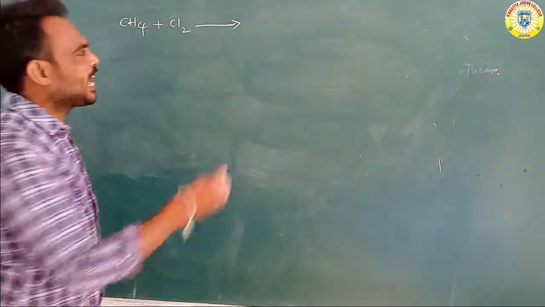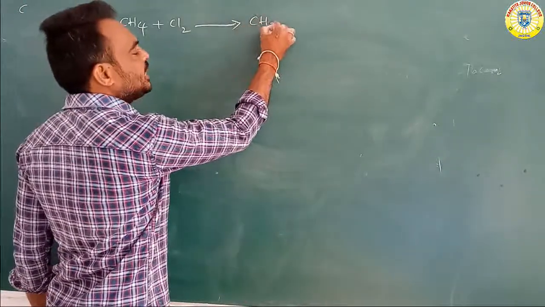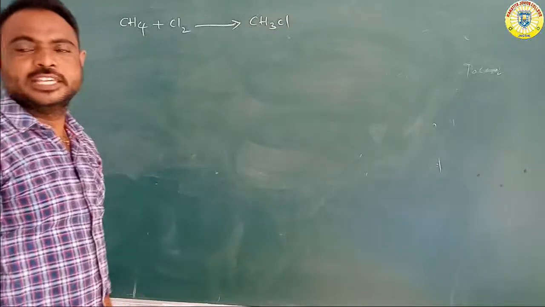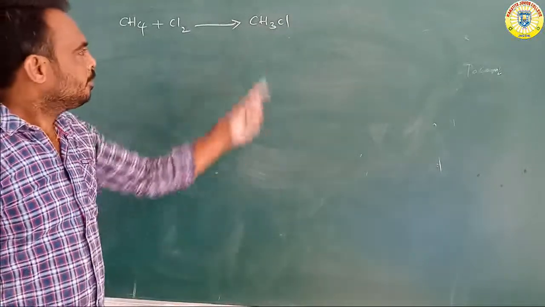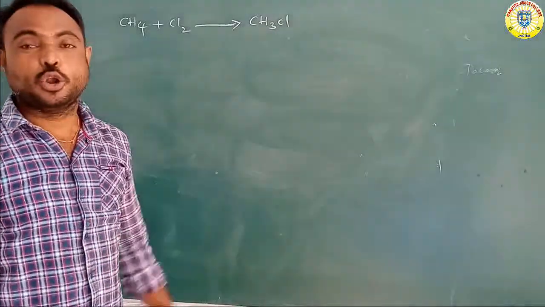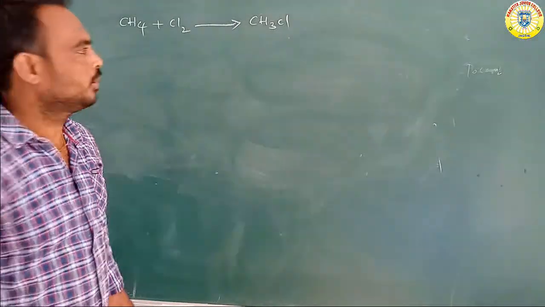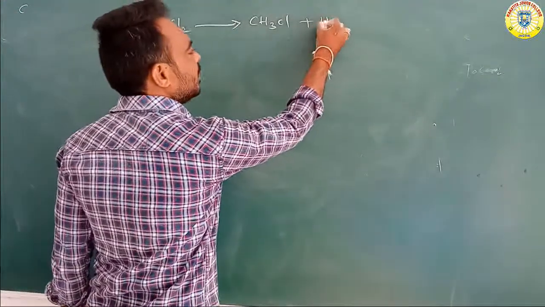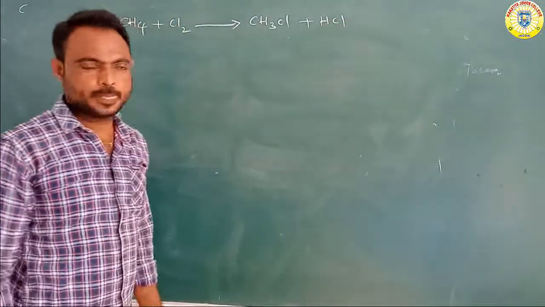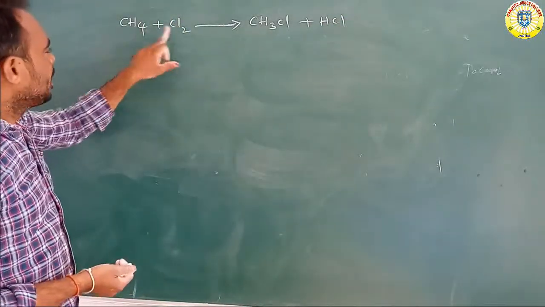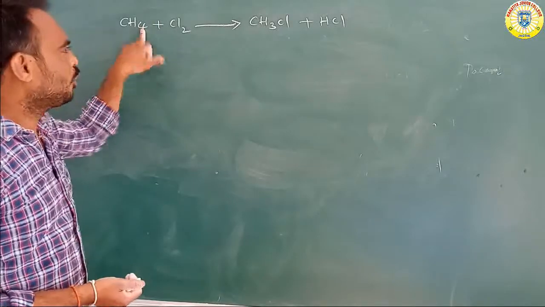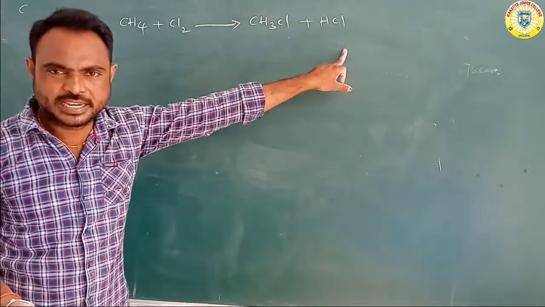to form in this reaction CH3Cl. CH3Cl means methyl chloride, or chloromethane. And next further hydrochloric acid: CH3, one chlorine, one hydrogen to form hydrochloric acid.